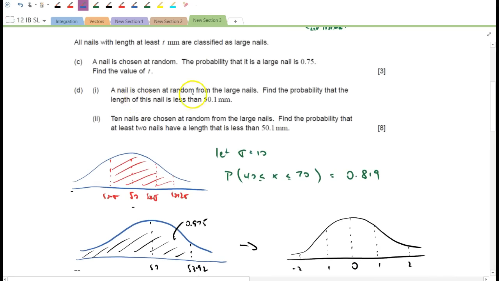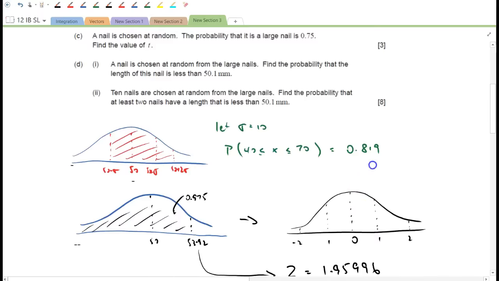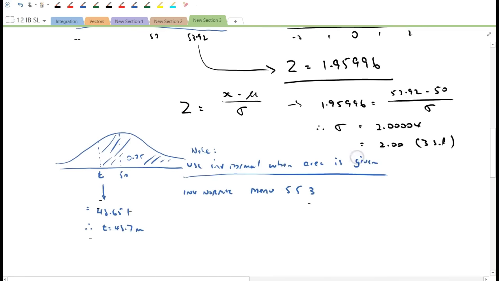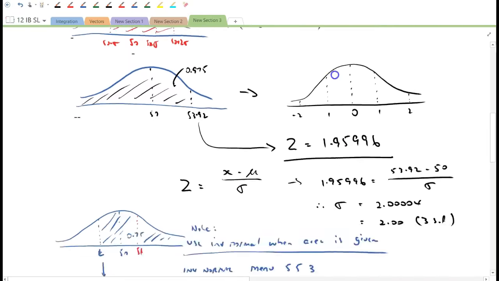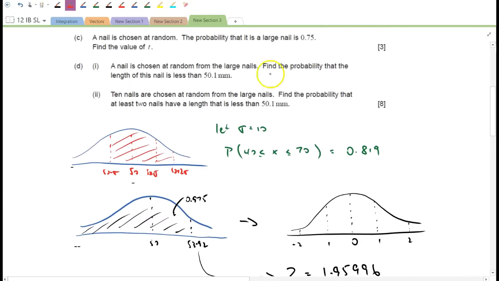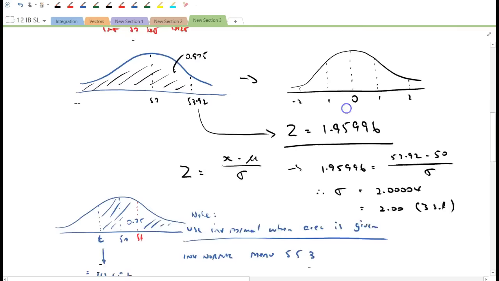A nail is chosen at random from the large nails. Find the probability that the length of this nail is less than 50.1. So let's now think about this. A nail is chosen at random from this group, the large nails. What's the probability that it's less than 50.1 millimeters?